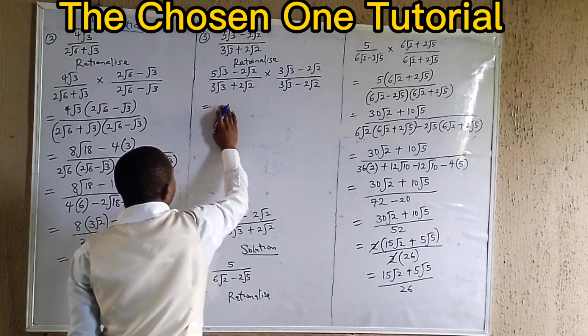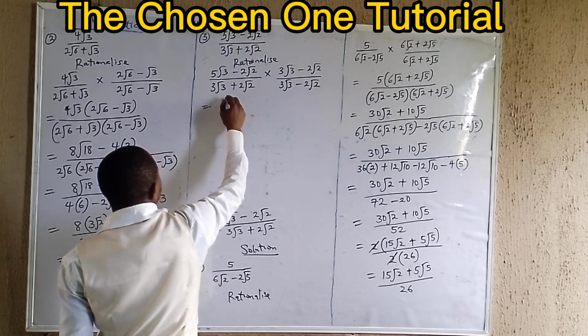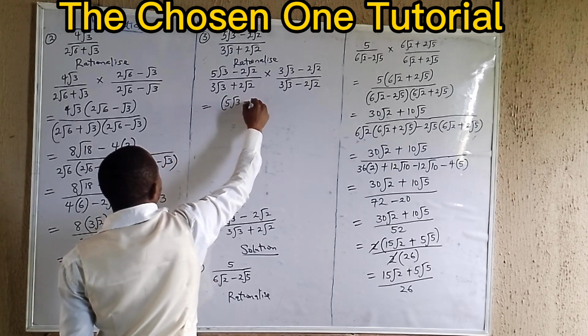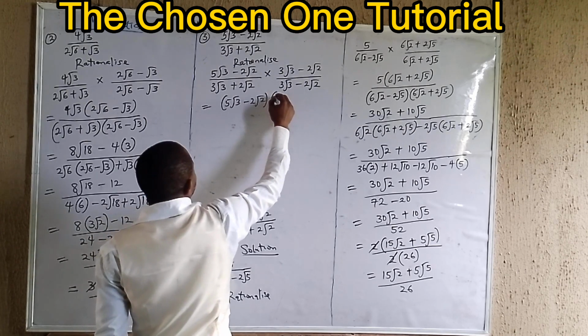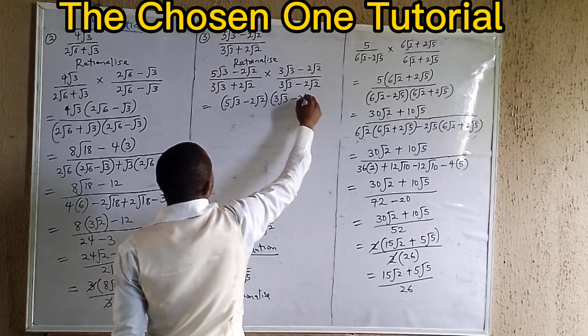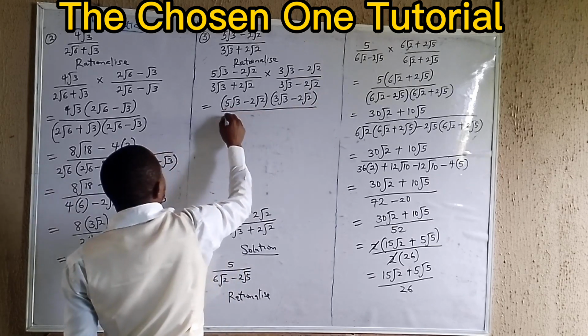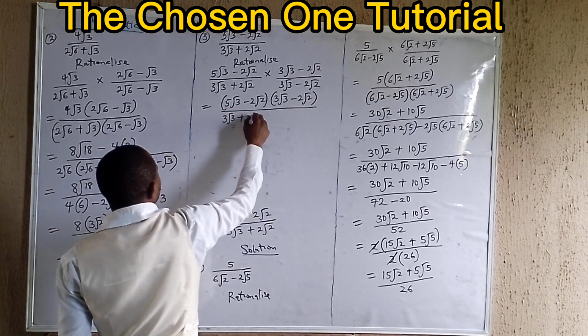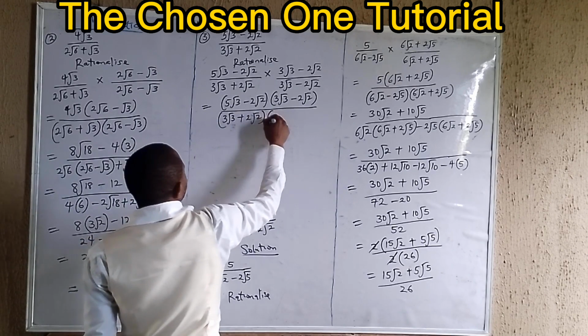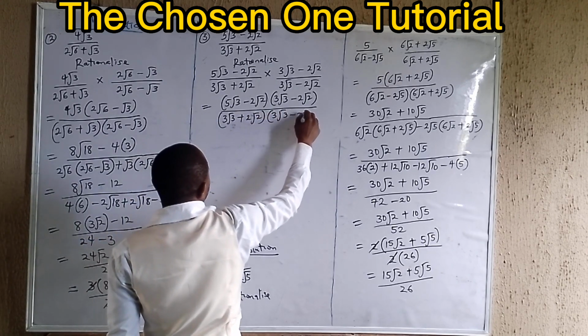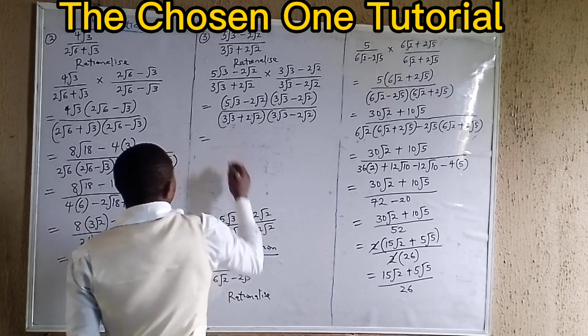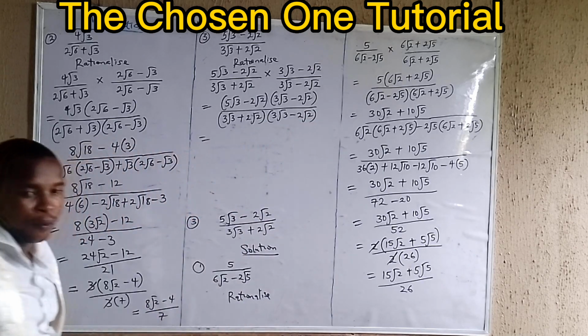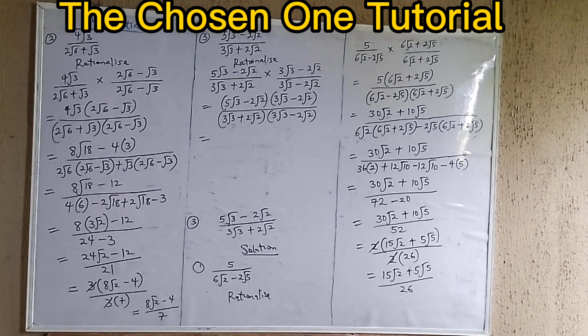So we are going to have 5 root 3 minus 2 root 2 in bracket of 3 root 3 minus 2 root 2 over 3 root 3 plus 2 root 2 in bracket of 3 root 3 minus 2 root 2. So we are going to open one bracket for the other.